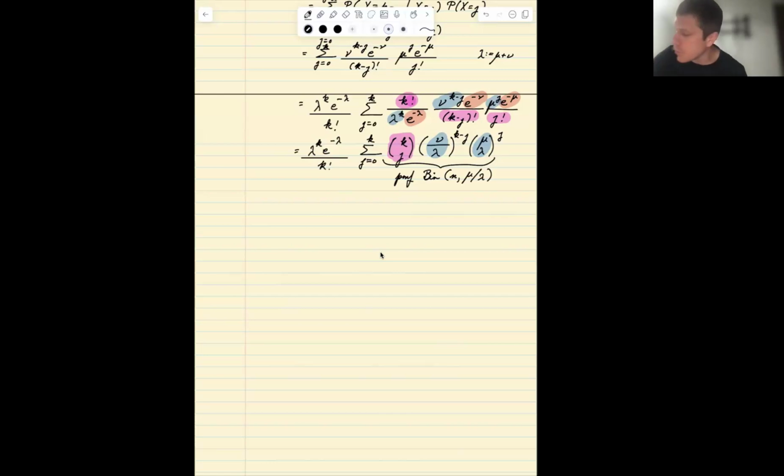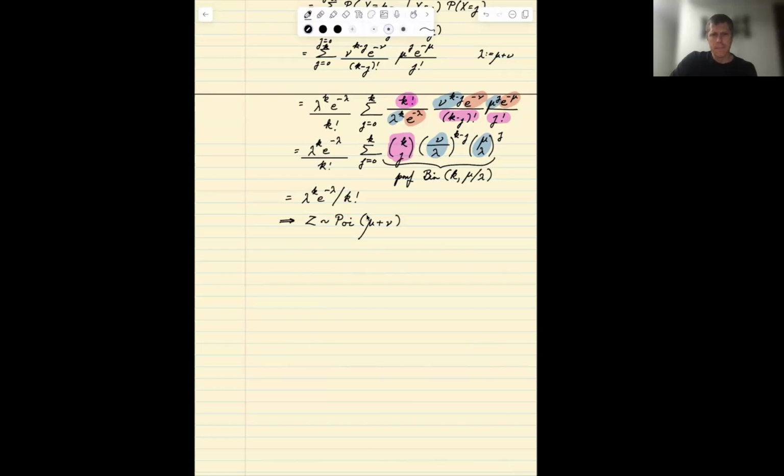It's the sum over all possible values of a probability mass function, so it sums up to 1, and what we're left with is lambda to the K, e to the minus lambda over K factorial, which implies that the sum of two independent Poissons is itself Poisson, and the parameter is just the sum of the parameters.